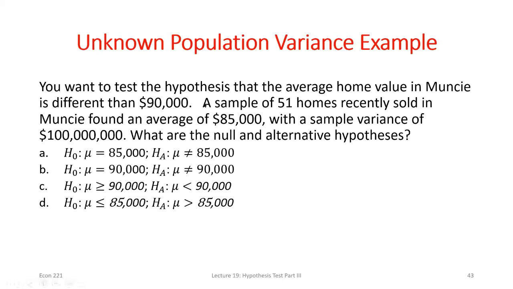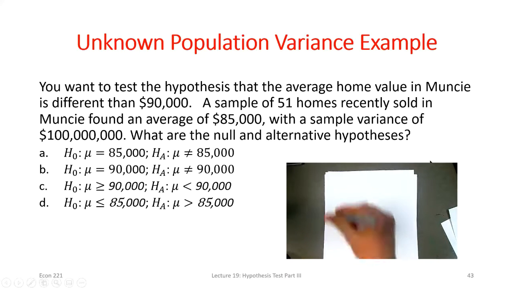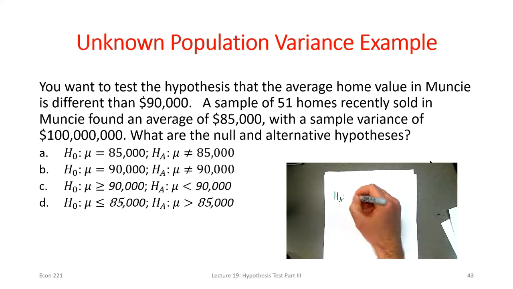Steps haven't changed much. So let's say we want to test whether the average home value in Muncie is different than 90,000. Right away we should know what type of tailed test we have here. Different than means not equal to. So what I'm trying to test for, my alternative hypothesis, is that the mean is anything different than 90,000.